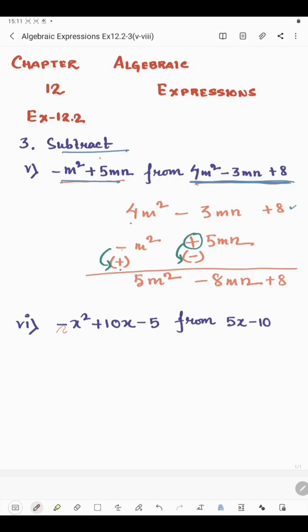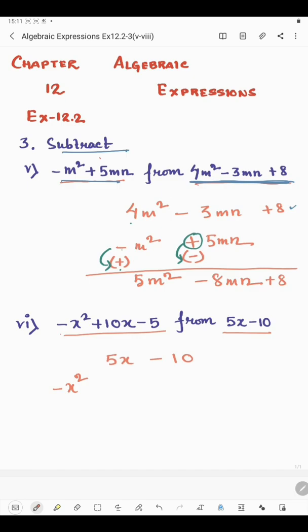In the sixth part we have to subtract minus x square plus 10x minus 5 from 5x minus 10. So from this expression we will have to subtract this expression. So 5x minus 10 should be written on top. Okay, now we will have to write the second expression. Now in the second expression, at first we have the x square term, and here the x square term is not present, so we'll put it at the corner.